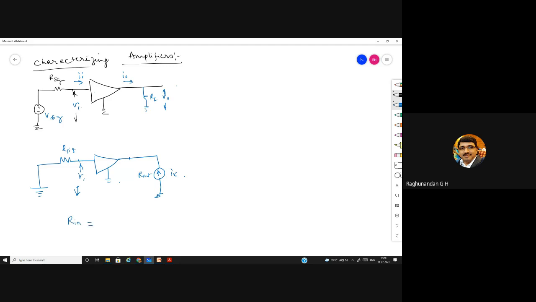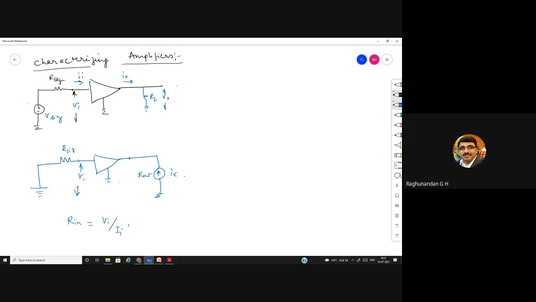This is the total signal resistance, that is, with respect to the signal as well as the internal resistance. But now we need to find the input resistance with respect to the op amp, not with respect to the signal. What is the total input resistance offered by the op amp? For that, we use Rin equal to Vi by Ii.